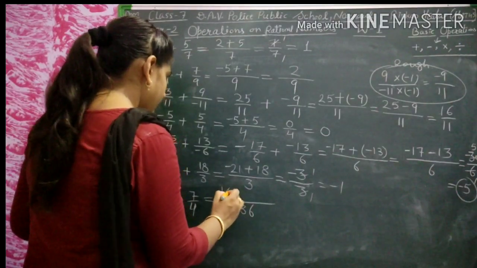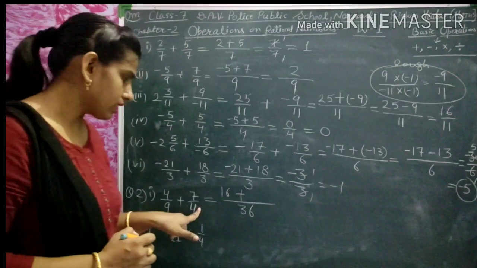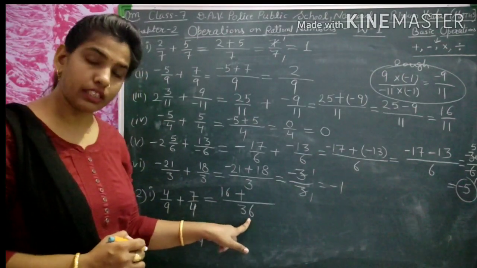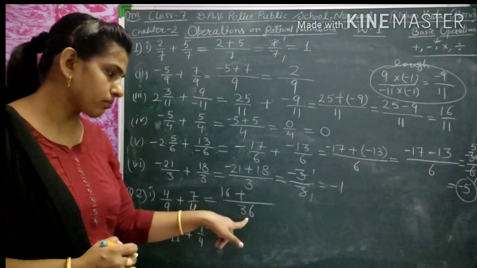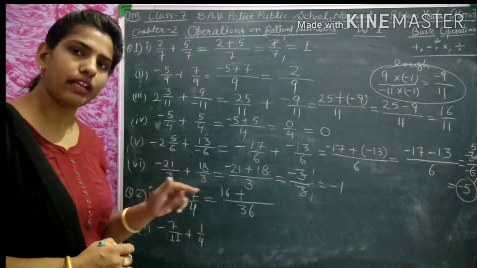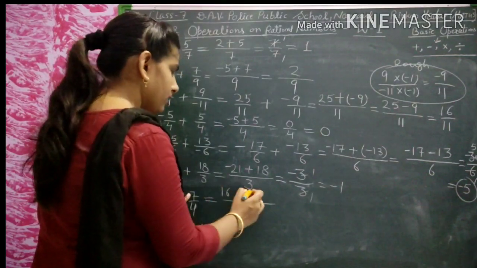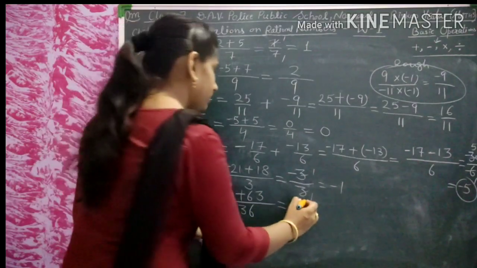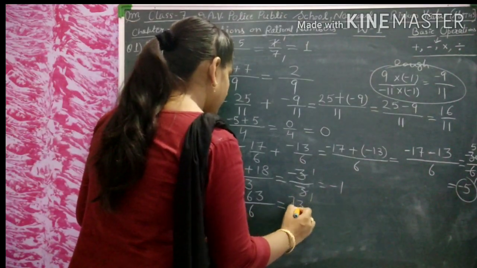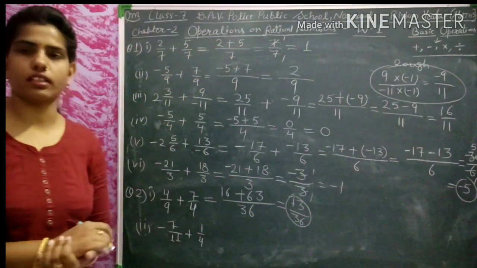That is 16 here, and plus is there. Same process. 4 divided by 36. Which number do we multiply 4 by to become 36? 4 times 9 is 36. That equals 9 times 7 is 63, and that equals 7 divided by 36. We will get the answer here.